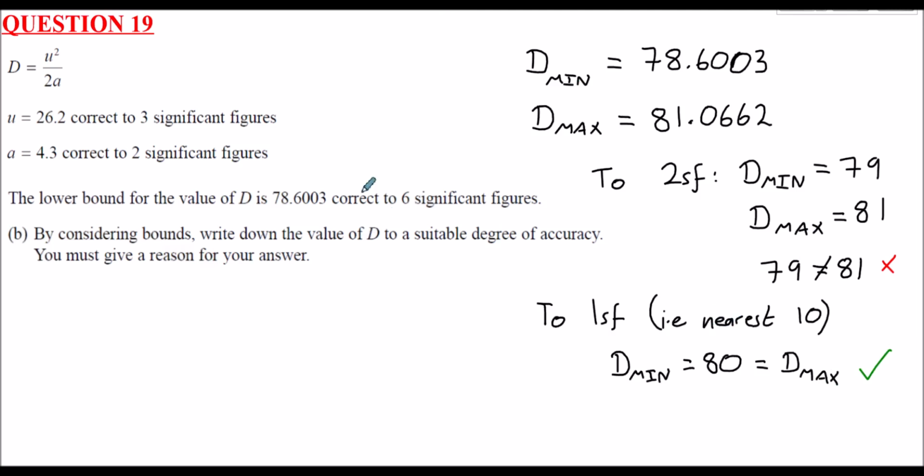So we'd both round to the same if it was to one significant figure. Therefore, we're going to pick that D is 80. So we're going to go for D equals 80.